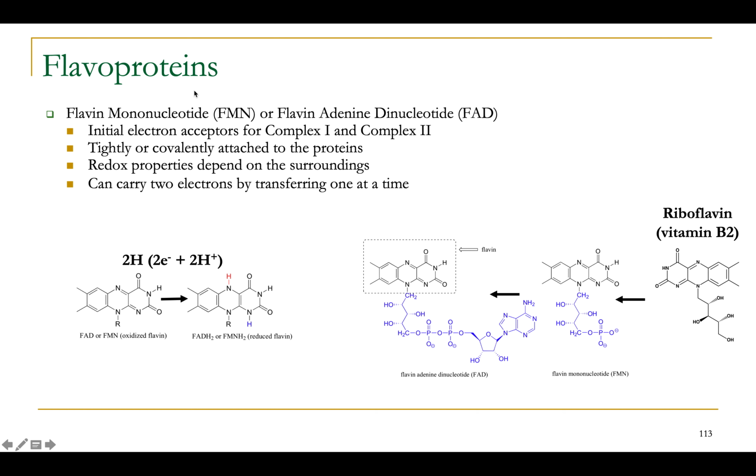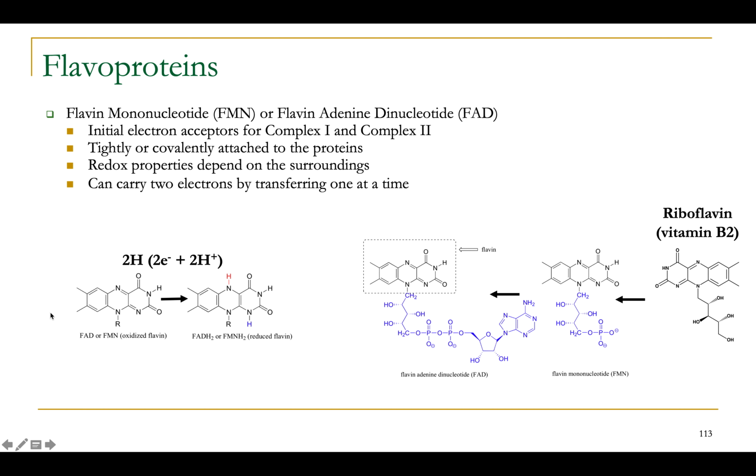So within these complexes with carrier proteins, the FMN or FAD represent prosthetic groups which are either bound very strongly by non-covalent interactions or attached covalently to the respective proteins. Because of that, these electron carriers are referred to as flavoproteins.